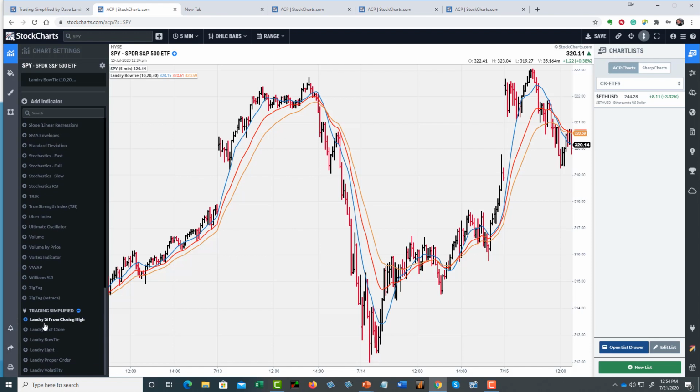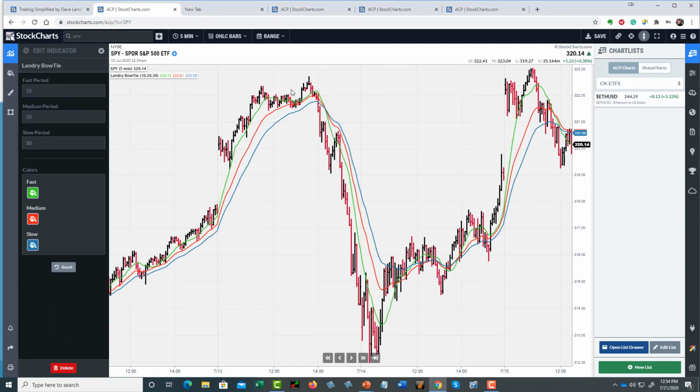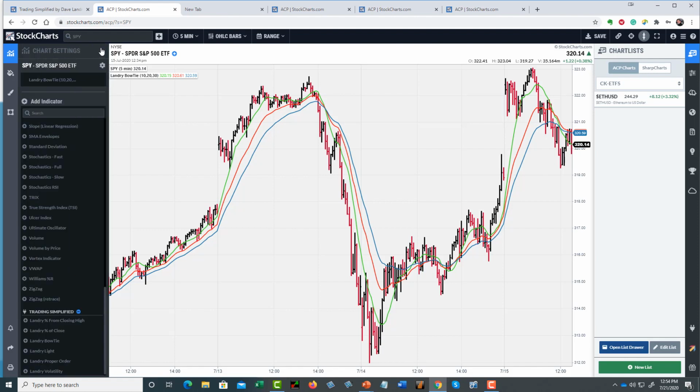And by the way, if you just put in bow ties right here, it'll plot the bow tie moving averages for you. So if we get rid of this up here, and then you just click on Landry Bow Tie, bam, right there. Those are your bow tie moving averages. I prefer different colors in here, so I need to talk to the programmers and see if we can get those changed. But that's the bow tie moving averages.